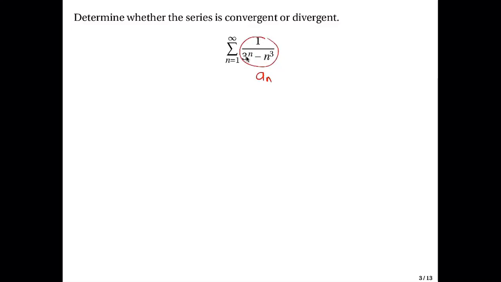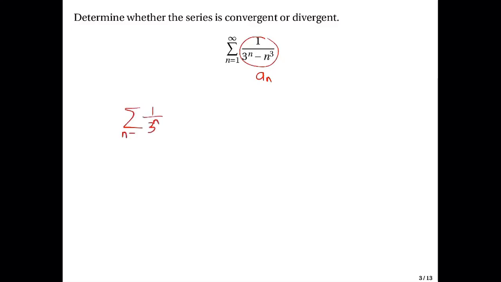So, pipiliin mo lang yung either 3 to the n or yung n cube. Okay? Tapos, pipiliin mo yung mas mabilis sa kanilang dalawa. At tulad ng sabi ko, mas mabilis yung exponentials compared sa mga polynomials. Yung candidate na bn mo, okay, will be 1 over 3 to the n.